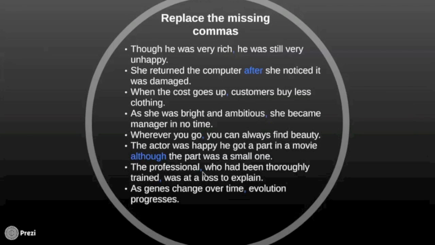So here we've got the sandwich technique complex sentence with our subordinate clause in the middle of the sentence, and therefore we need 2 commas. And finally, we have as genes change over time, evolution progresses. So our subordinate clause is at the beginning with the comma at the end of that subordinate clause, acting like a glue holding the sentence together.